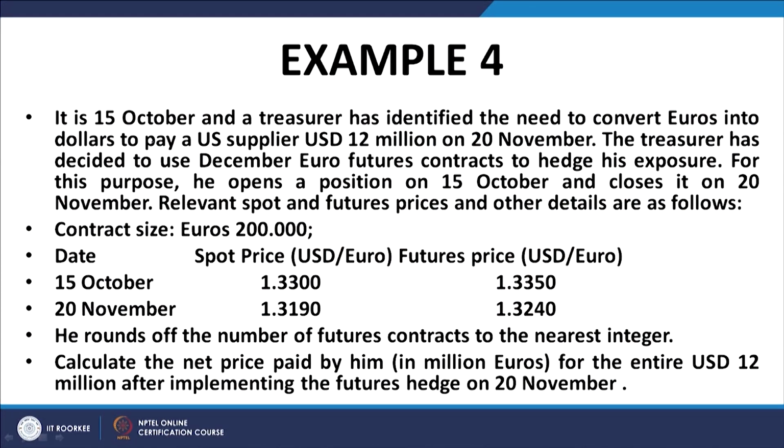This is an example which is very interesting. It is 15th October and a treasurer has identified the need to convert euros into dollars to pay a US supplier. He has imported some goods from the US and he has to pay the US supplier US dollars 12 million on 20th November.